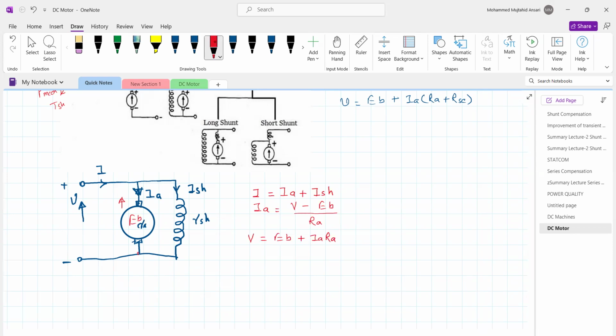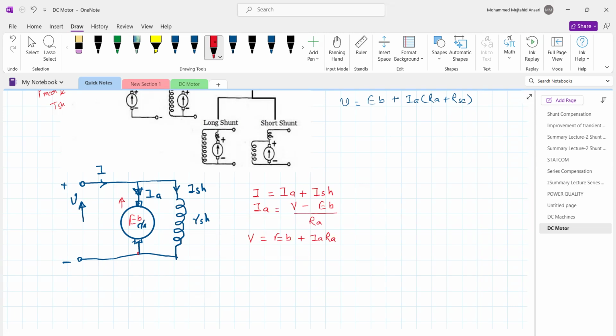For the DC motor, the current equation is going to change. In a DC generator, the armature delivers current to the load circuit as well as the shunt field circuit, therefore IA is equal to I plus ISH, but as it is a motor, it is opposite.